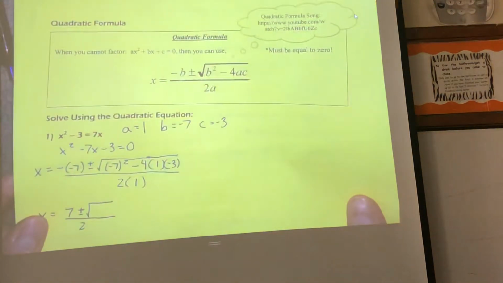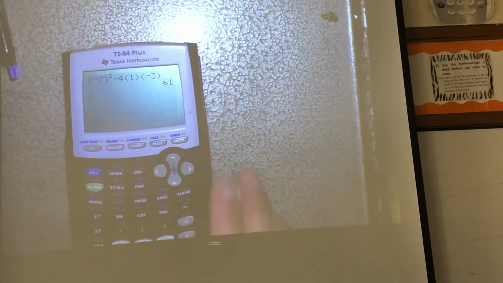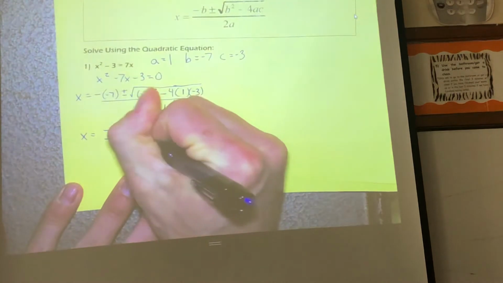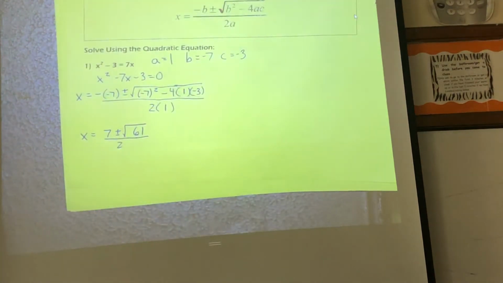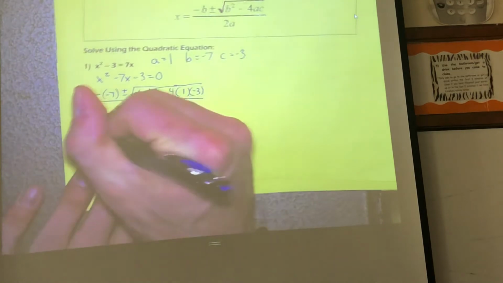That is the same thing that is underneath my radical, without the radical. I push enter and I get 61. I'm going to put that 61 here. Now, with this, I have to think of factors of 61 that are perfect squares. There are none, so I can leave my answer like this.